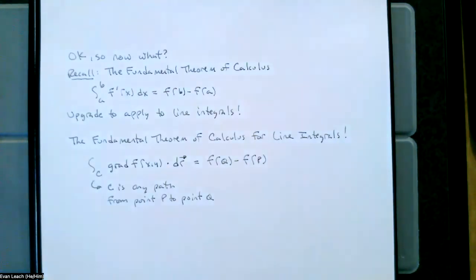So what that means is that if we had known this before we did the example yesterday and identified our vector field as a gradient field, we could have just found the potential function like we did, and then evaluated that potential function at the two endpoints. It would have been a lot less fun because we wouldn't have had to parameterize any curves. We wouldn't have been able to calculate that dot product. We would have missed out on a lot.